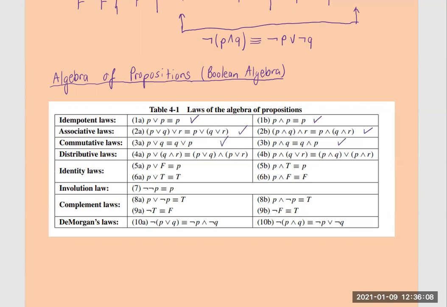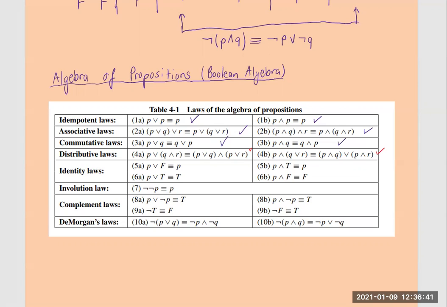This is not working in regular algebra or base 10 calculation. So here is also the reverse of that one, P and in parentheses Q or R. You are making the distribution, P and Q or P and R. This is also working in that manipulation or calculation.